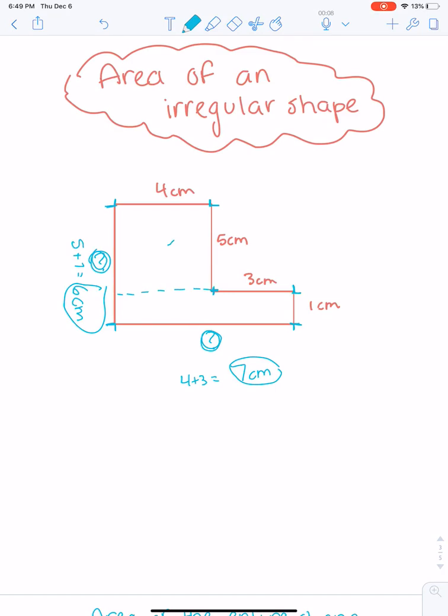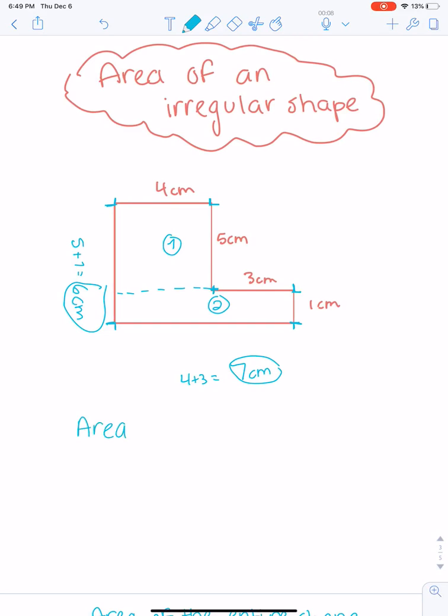Now I'm working with 2 rectangles. The area of a rectangle is length times width. So area of a rectangle equals our length times our width.